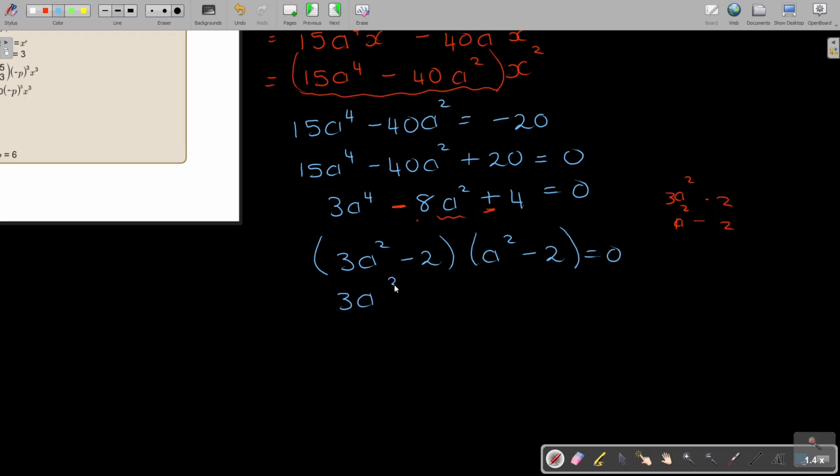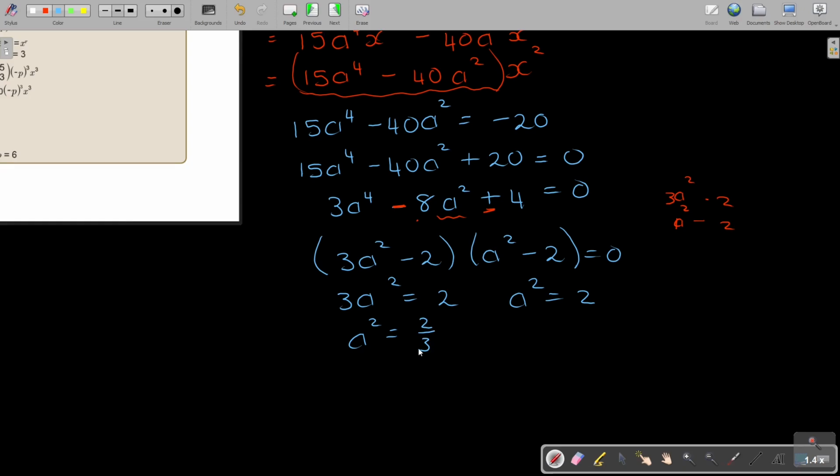So 3a² equals 2 and a² equals 2, so a² equals 2 over 3.